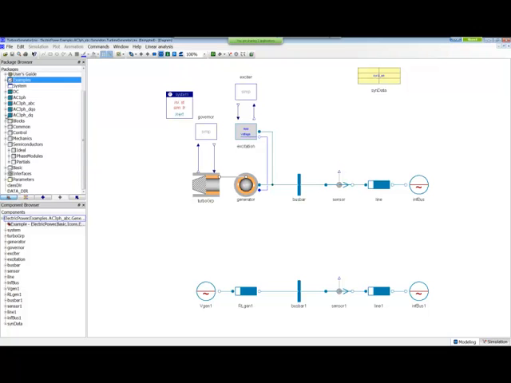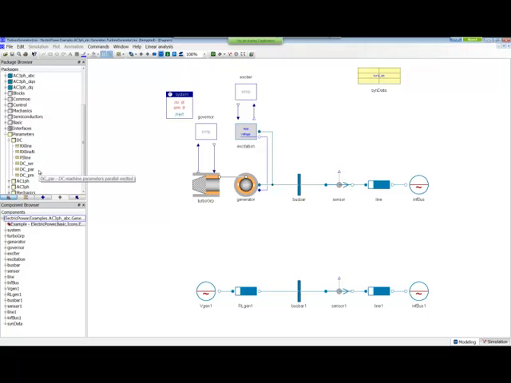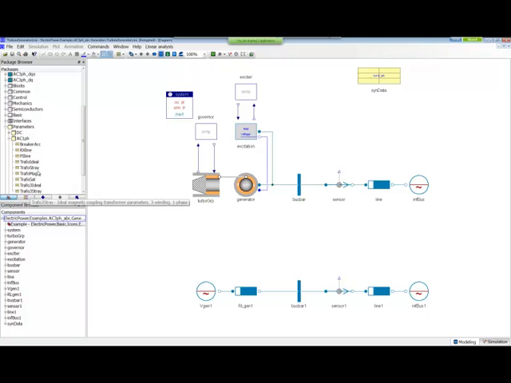Well, and the parameters blocks contain certain parameterizations of certain devices, such as DC systems, AC, transformers, and so on.